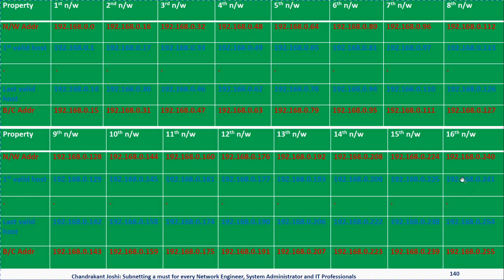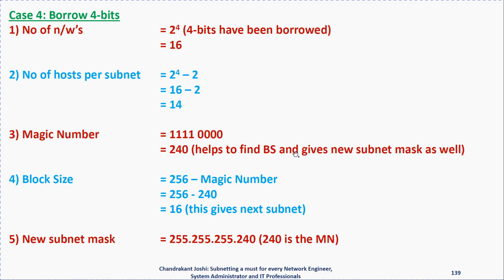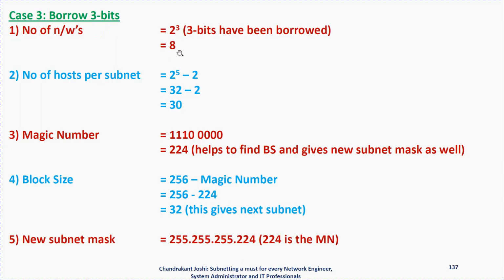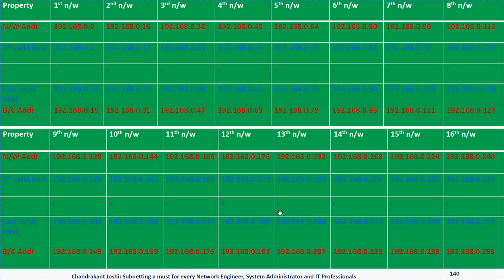So we get a total of 16 networks. Let us verify. Yes, there are 16 networks with a block size of 16. So when we borrow 3 bits, we got 8 subnets with a block size of 32. Now when we borrow 4 bits, we get 16 subnets with a block size of 16.